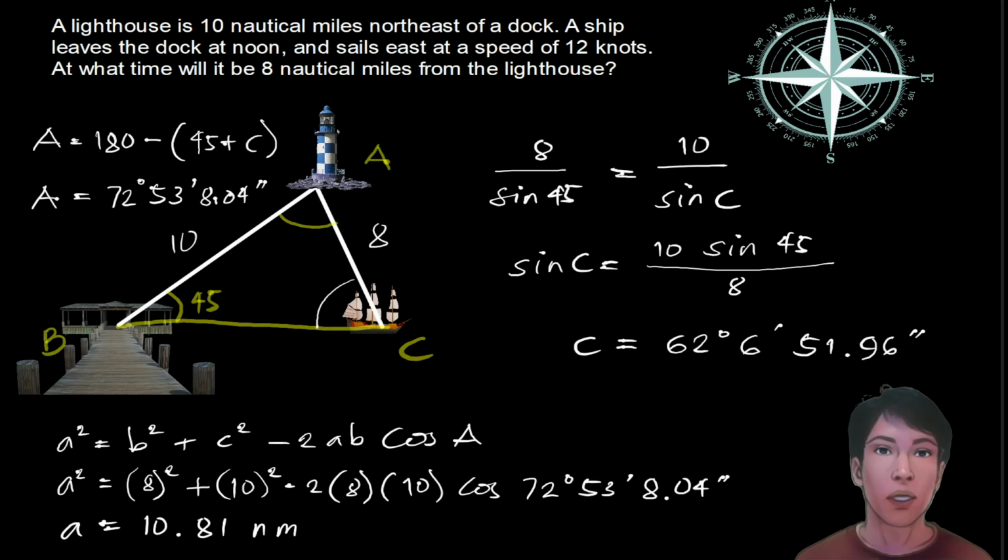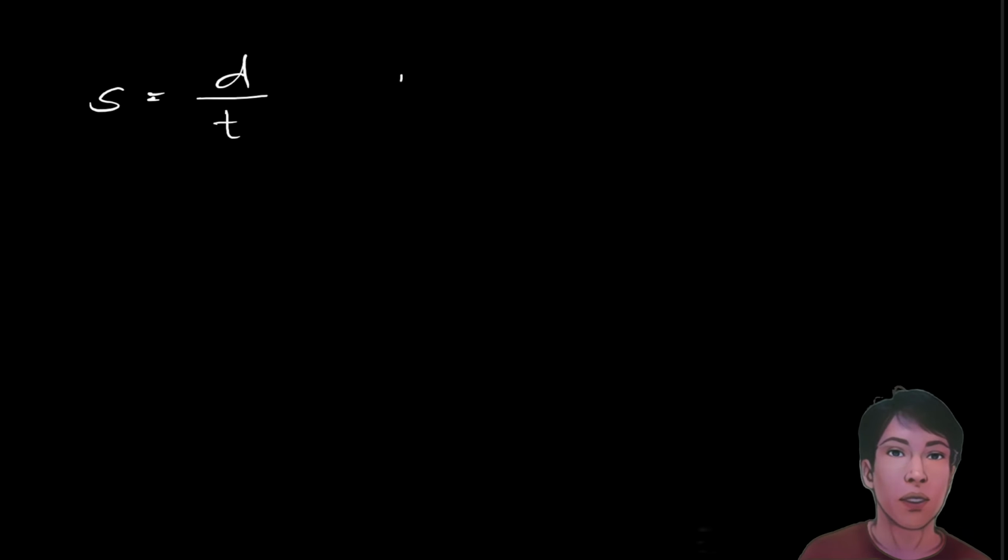Let's now solve for at what time will it be 8 nautical miles from the lighthouse. Knowing that speed is distance per unit time, we want to know t, time. So time is distance over speed.